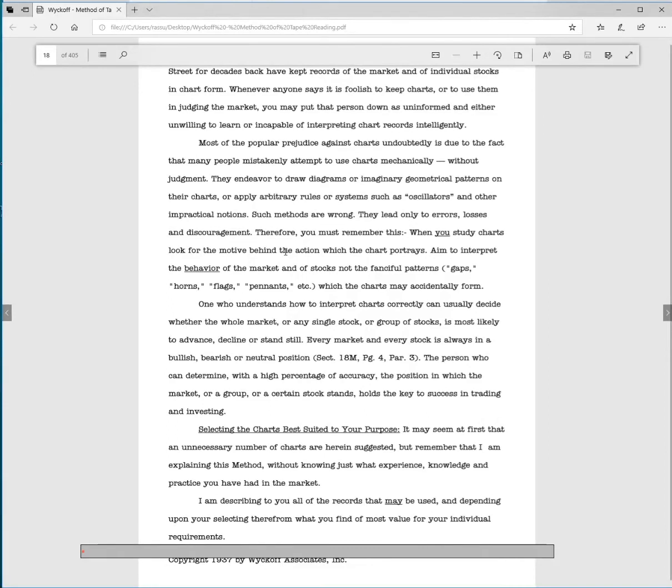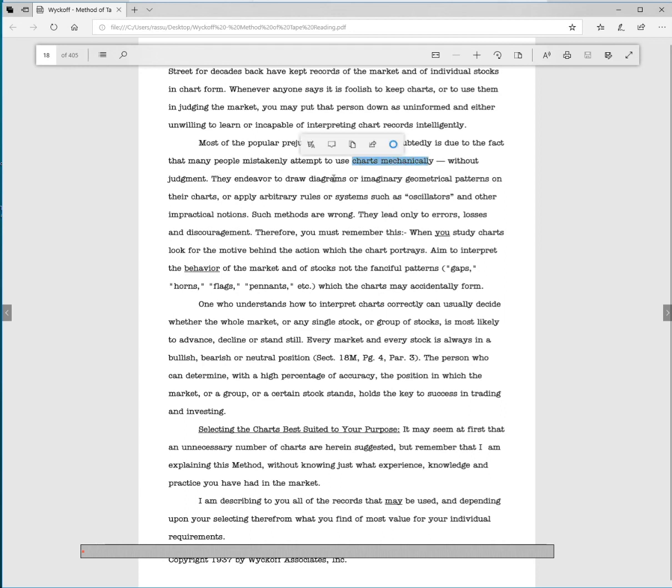And one other point I want to mention. This one right here is really important, and it will deal with a lot of questions. Most of the popular prejudice against charts is undoubtedly due to the fact that many people mistakenly attempt to use charts mechanically, without judgment.